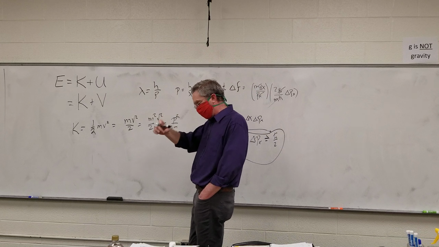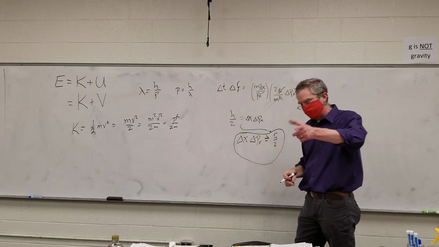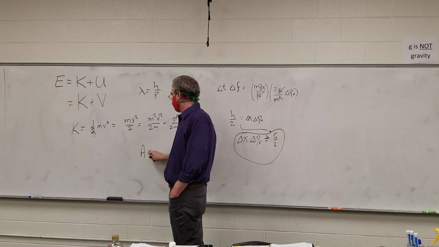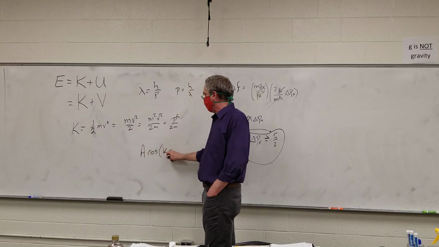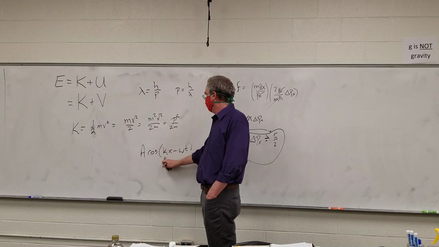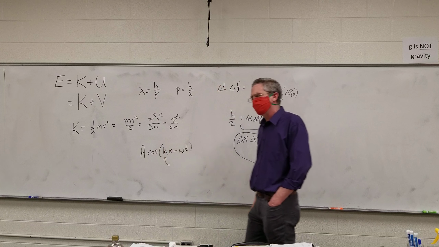If we think about waves, we talked about this when we were dealing with electromagnetic waves, that the generic formula was some amplitude times the cosine of kx minus omega t. What was this k?